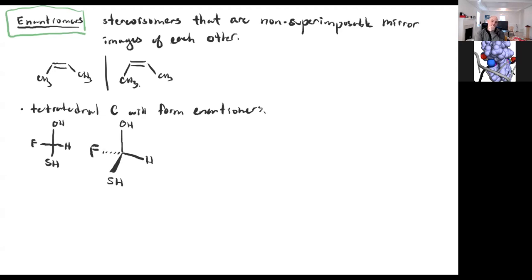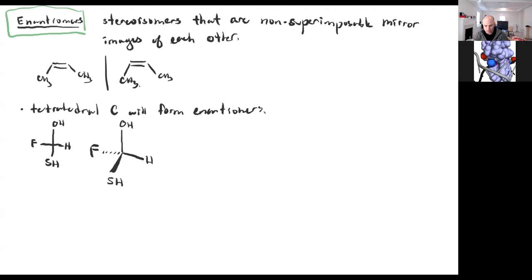And so if I gave you the structure on the left and you drew the structure on the right, that would be a more accurate description, but it's still incomplete. And the reason is that this molecule possesses a non-superimposable mirror image, okay?